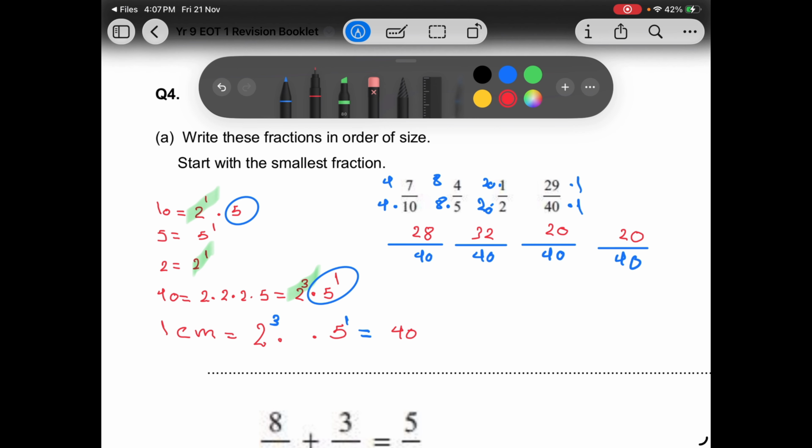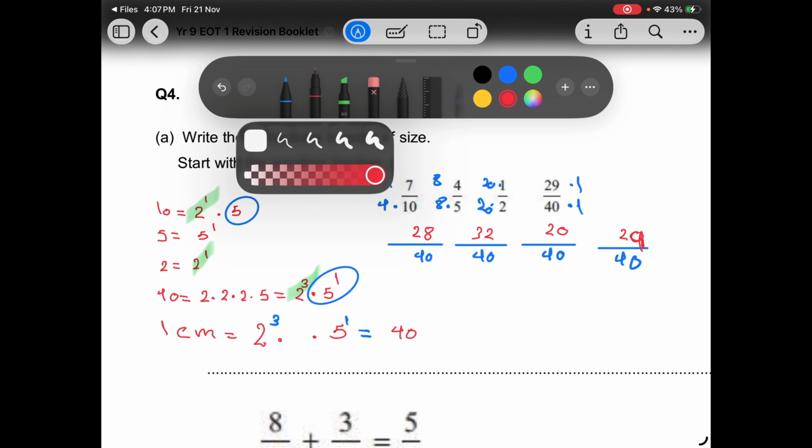The smallest one is 20, then 28, then 29, then 32. The last one, sorry, is 32. So the smallest one is this. I will label them one by one. So this is the smallest.